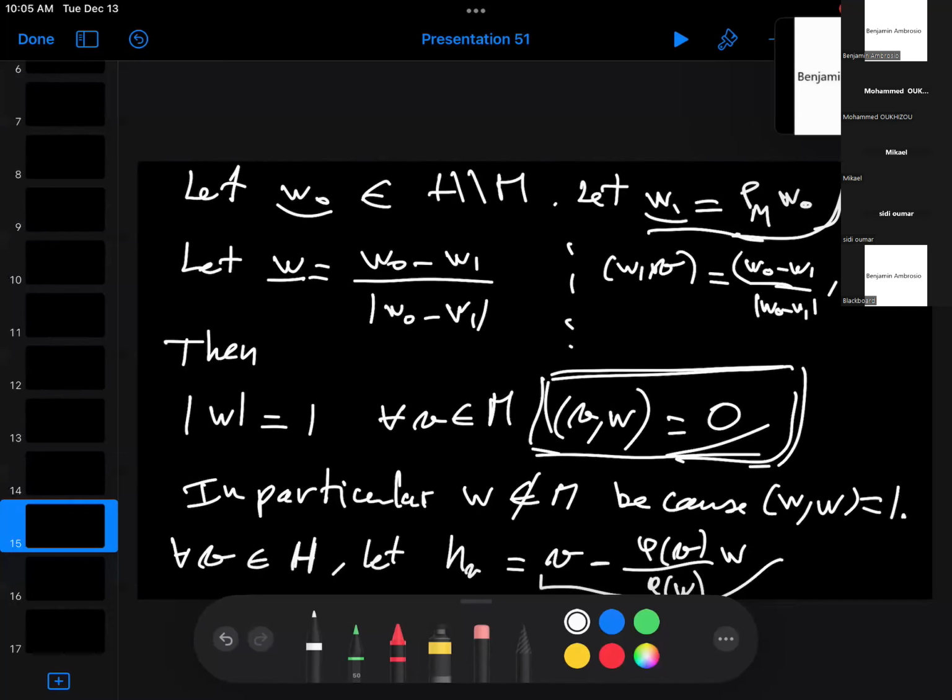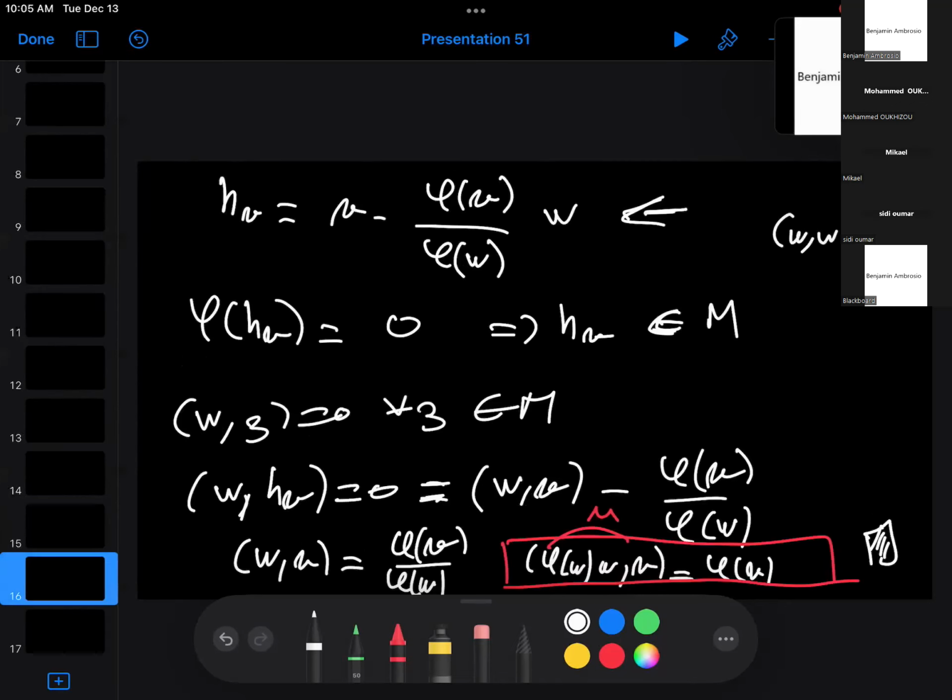So here, since W1 is the projection of W0, and since M is a linear subspace of H, you have that this quantity is 0.